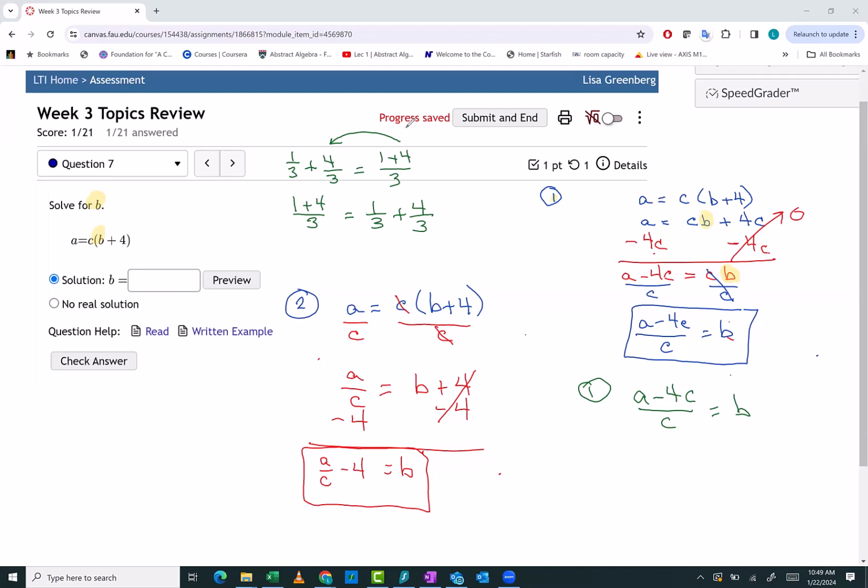They're exactly the same, except this is the method that we're going to use, which means I'm going to take A over C and subtract 4C over C. And we know that equals B. I can cancel the C's.